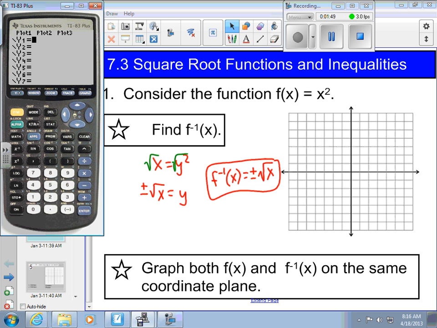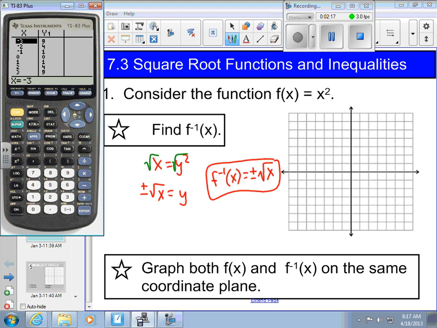If we graph y equals x squared, we can see the graph is going to be a parabola. If we want some values, we can go to our table, and we see some numbers here that we could put on our graph. So there's a point at negative 2, 4, negative 1, 1, 0, 0, 1, 1, 2, 4. Whatever number you plug in for x and square it, that should be the y.